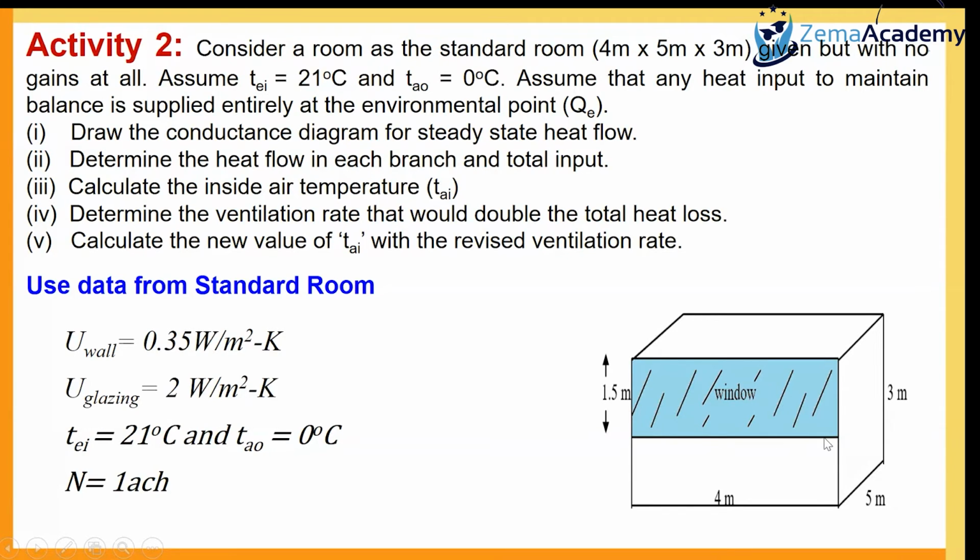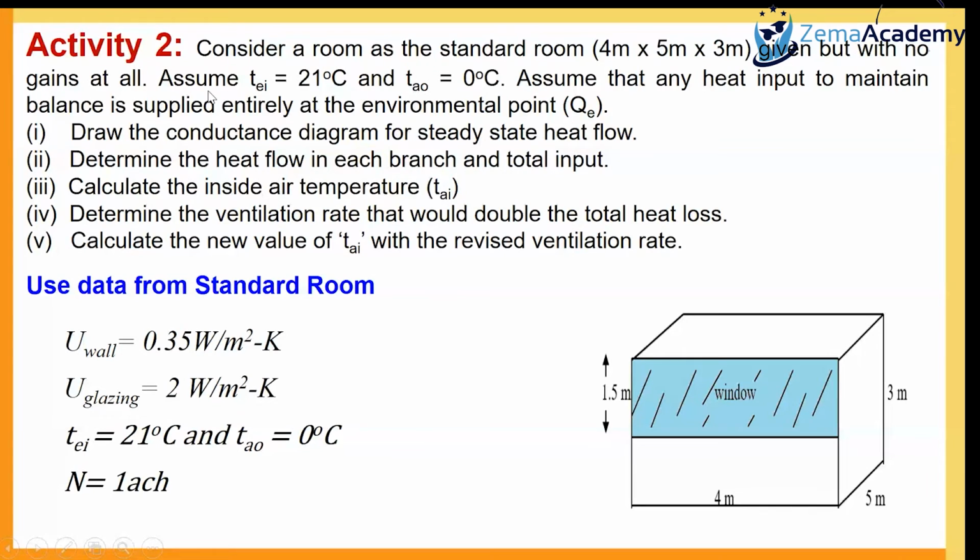For example, there are no occupants in this space at the moment, because if there are occupants within the space, then they are emitting heat, and that heat would be added to either the air point or the environmental point. So for the purpose of this activity, I am assuming that there are no gains at all. So whatever amount of heat is there, it is there. It's either at the air point or at the environmental point. No other extra heat is there.